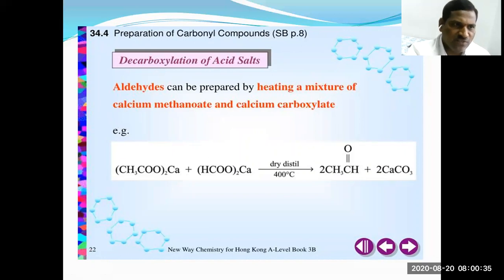So, decarboxylation of acid salts. Aldehydes can be prepared by heating a mixture of calcium acetate and calcium formate. So you can get acetaldehyde. On heating calcium acetate and calcium formate, you can prepare acetaldehyde.